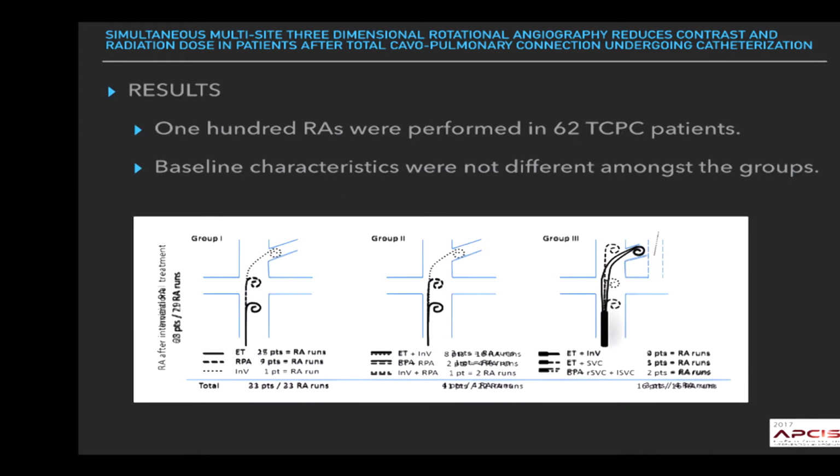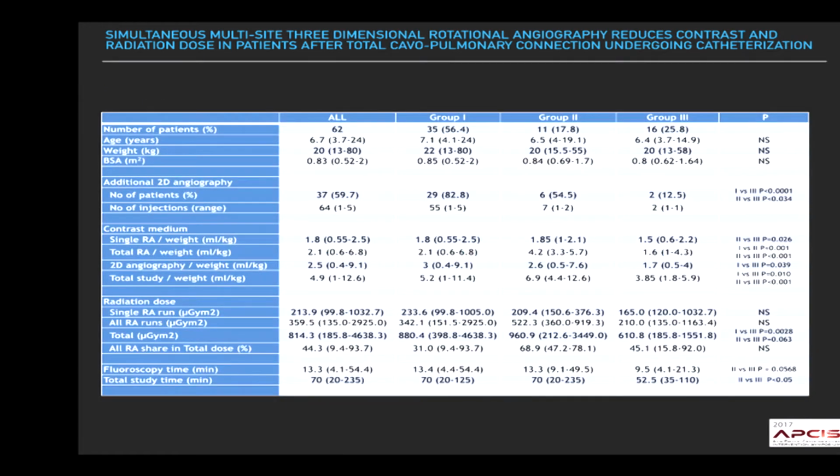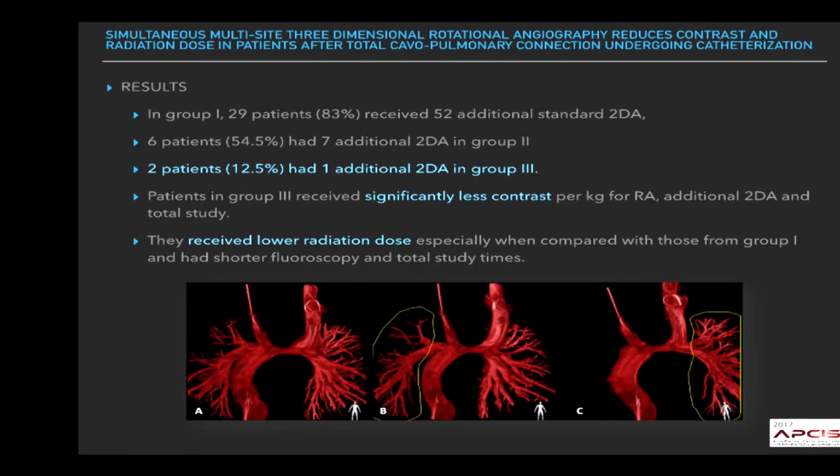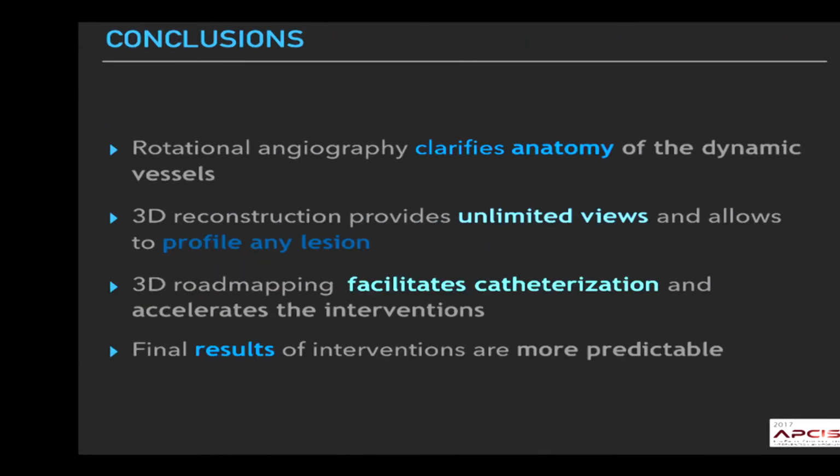Baseline characteristics were not different, but the patients in the multi-site contrast injection group had the lowest number of additional angiographies. That was significant, and they also had the lowest contrast exposure. Similarly, the radiation exposure in that group was lower, and total study time was also improved with multi-site contrast injection. Okay, so let's skip this one.